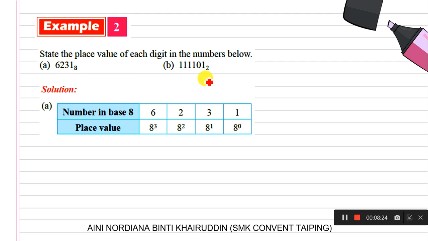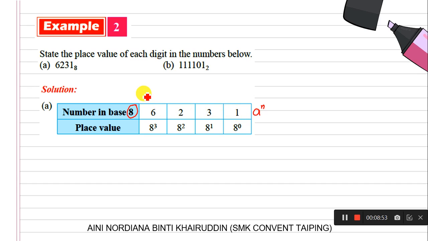So in base 8, this is all the place value. Remember just now, place value is in the form of A to the power of n. Since this is base 8, the place value will start with 8 to the power of 0, which is 1.